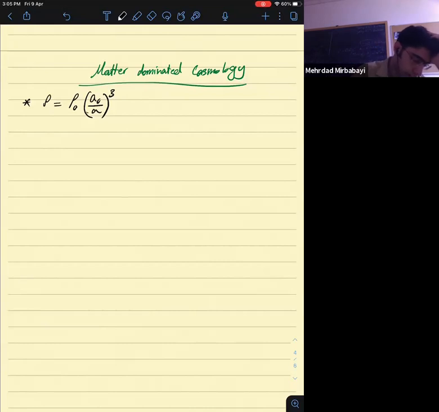So rho naught and a naught are just constants. Let's also imagine that k is equal to 0, so we have flat cosmology.